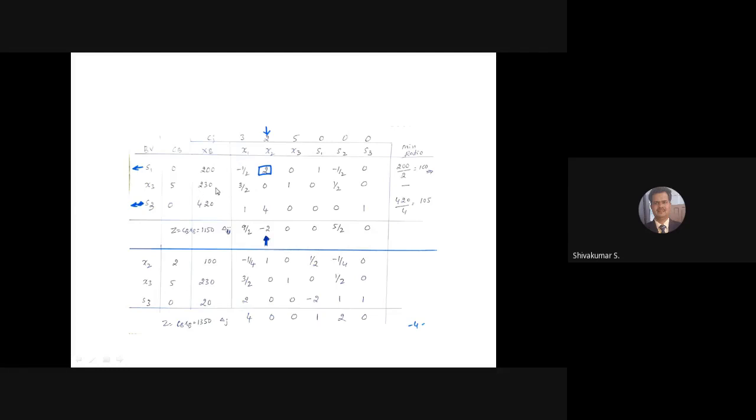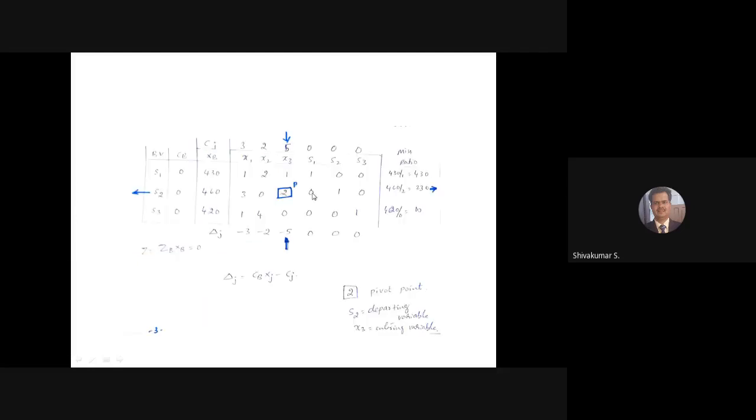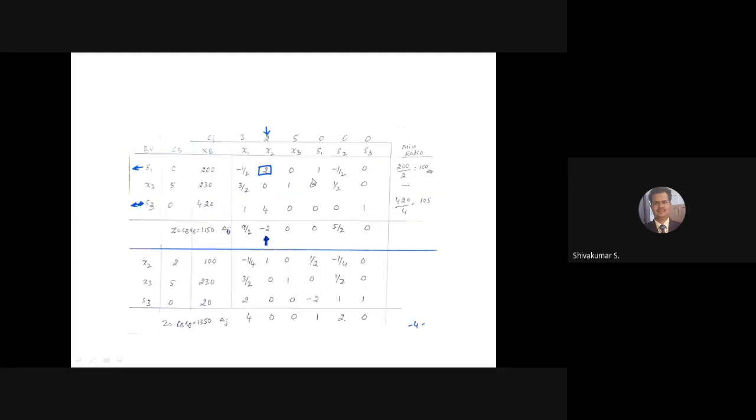Now, 230 into minus 1 becomes minus 230. Minus 230 plus 430 becomes 200. Okay, you got 200 now. Similarly, come here. S1 row, S1 column: you have here 0 and 1, so it is 1 only.